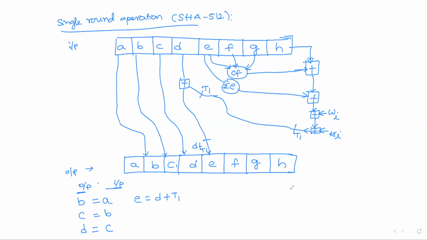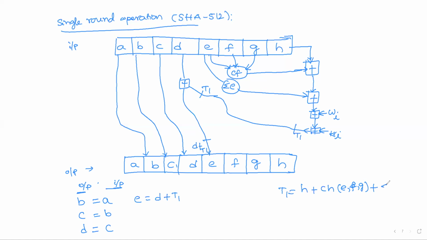Okay. So here, what is T1? You observe carefully here. T1 is starting from H. On this H, we are performing addition modulo 2 power 64 operation with the conditional function CH on E, F, G buffers, and that output once again is given as input for addition modulo operation.